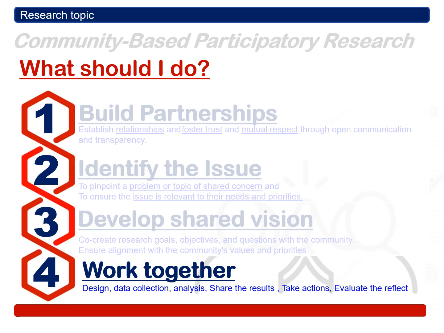We have to work together from point 0 to point 100, during the design of the research, during data collection, definitely, because they are going to help us in data collection. We can work together in analysis if they can, or at least we have to inform them of our results. So we have to share the results with them. And finally, to take actions together and evaluate and reflect together.